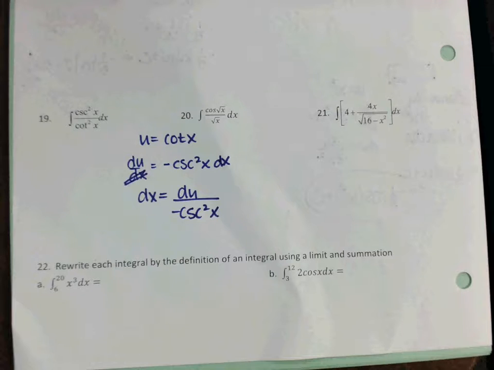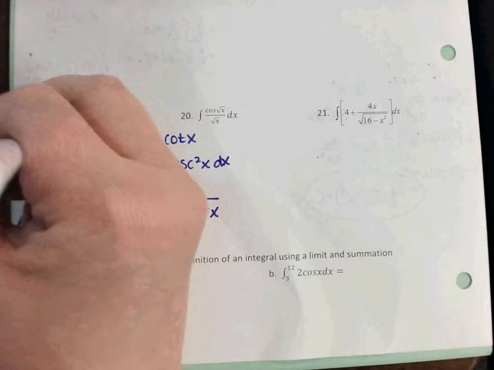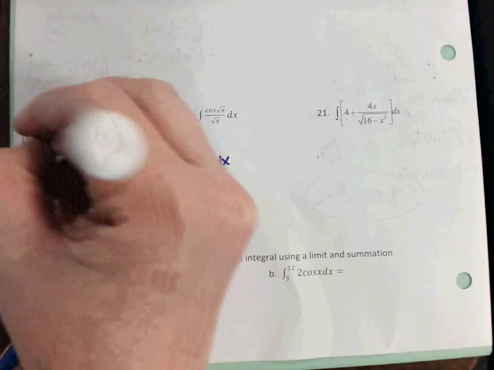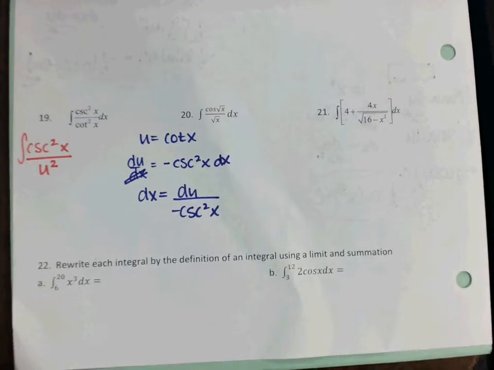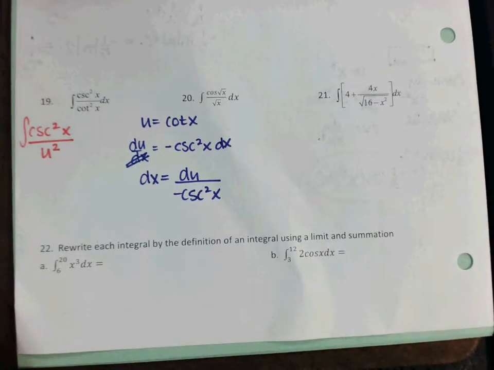Okay, let's substitute some stuff out. So my original integral is going to keep the cosecant squared on top. And then my cotan is now going to be a u squared. So far, so good? Okay, then what is my dx now?